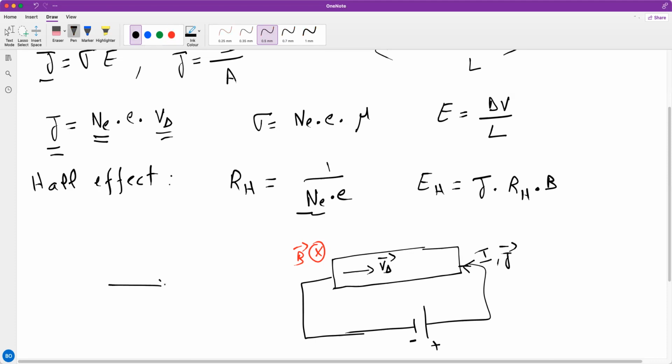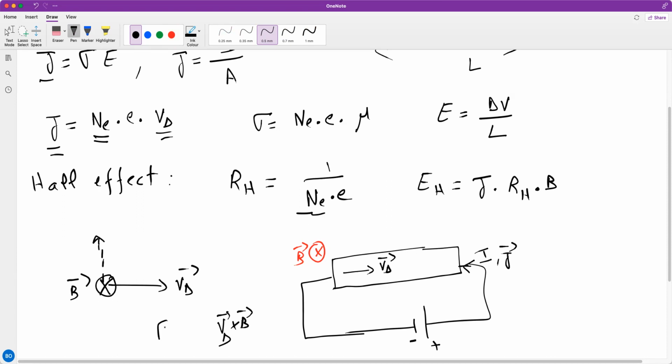I have the drift velocity here, right? And I have the magnetic field going inside. So the first thing is V cross B. V cross B, or VD cross B, will give me a vector that is going up.